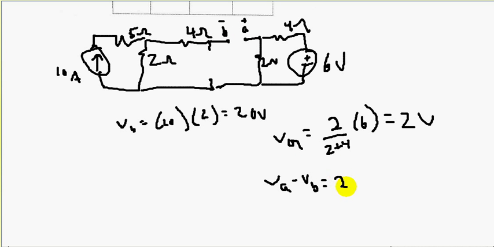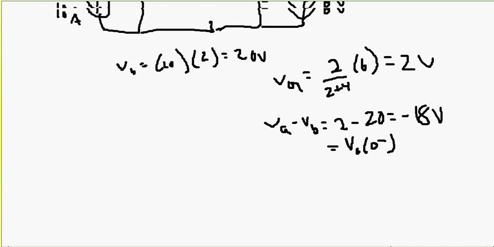So it's 2 minus 20, which is equal to negative 18 volts. That's equal to your initial voltage. We could call that V0 minus, before the switch has been closed.